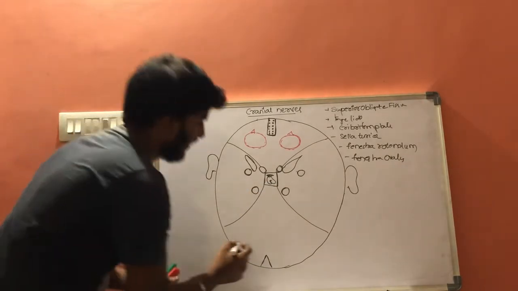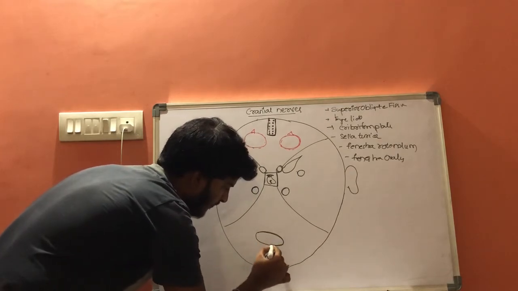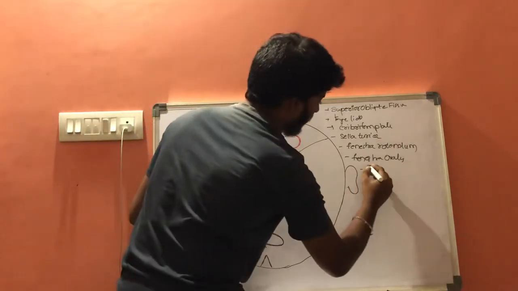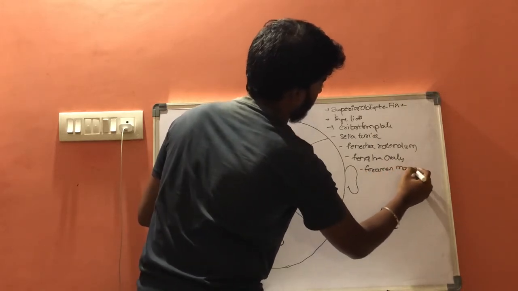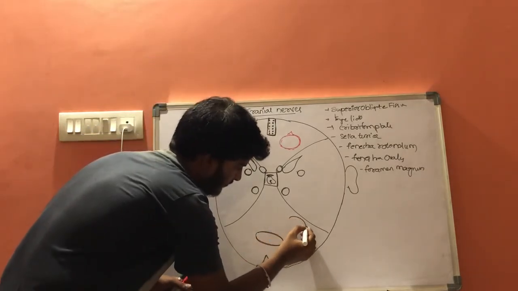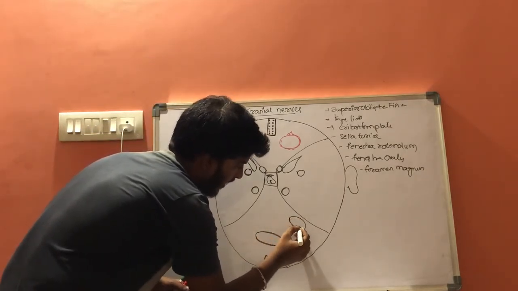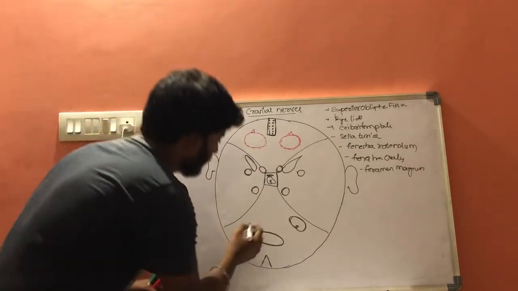And here it consists of the foramen magnum. These are 2 in number.